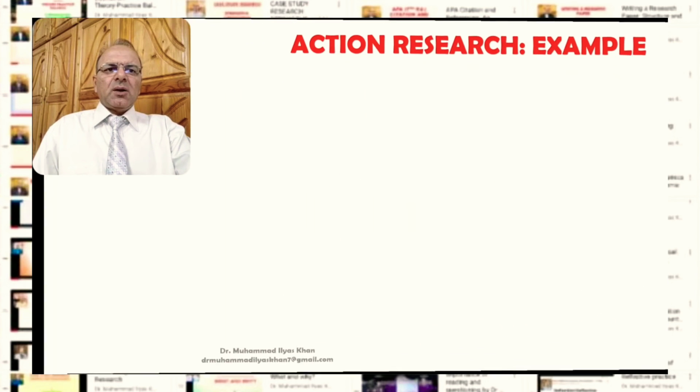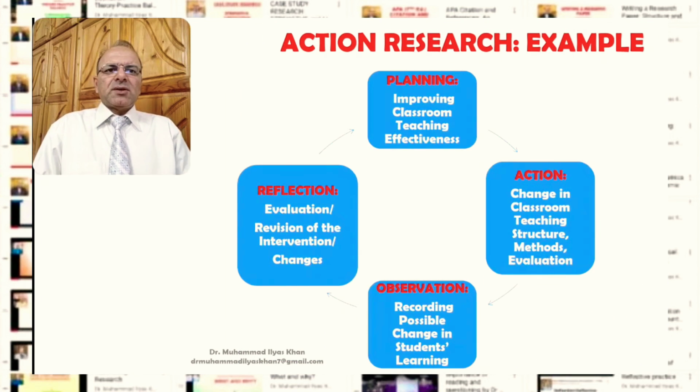Now, we can give an example of the practice of action research, or the how of action research. So the planning part of the action research, in this case, for example, could be aimed at improving classroom teaching effectiveness. So let's say a teacher, as an action practitioner or as an action researcher, wants to improve their classroom teaching effectiveness.